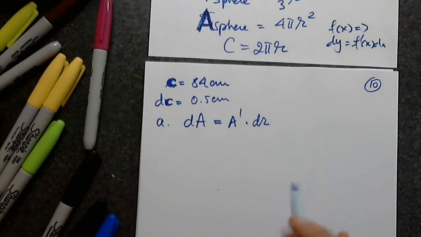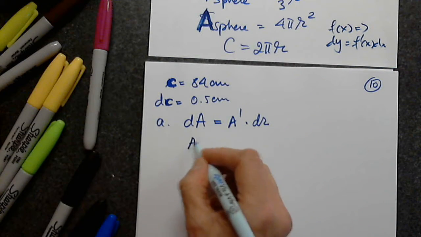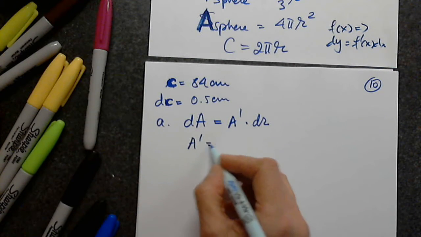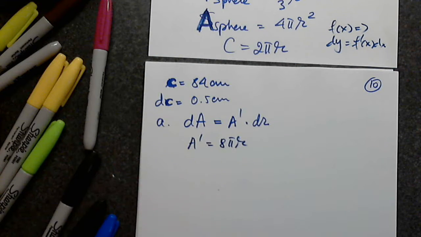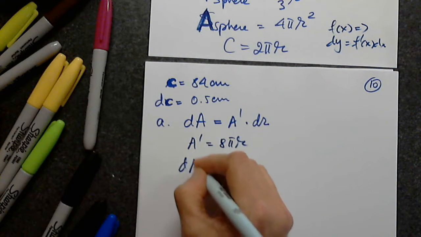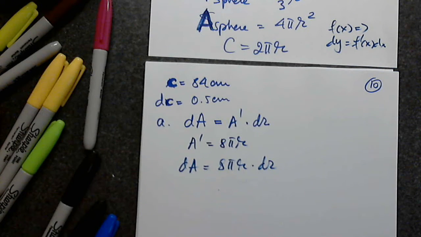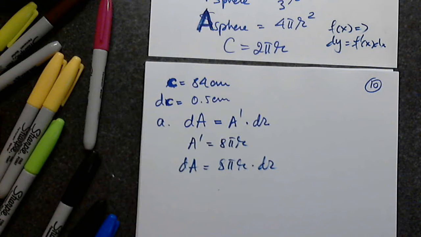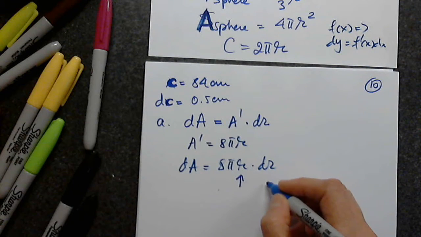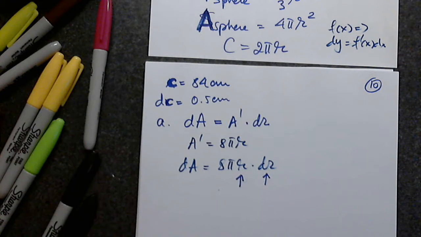Good. So let's look at A prime, which is 8 pi r. Then the error in the area will be 8 pi r times dr. Now, I don't have this, and I don't have this.